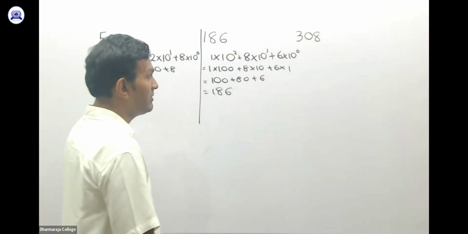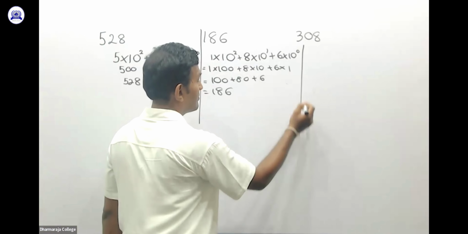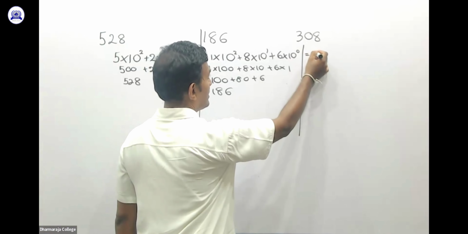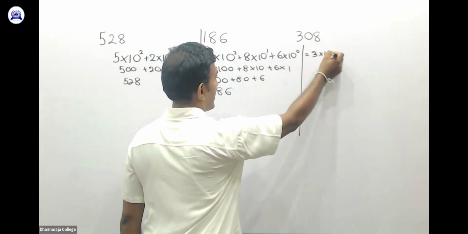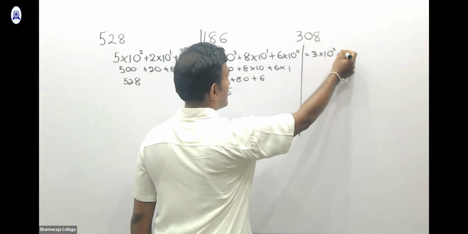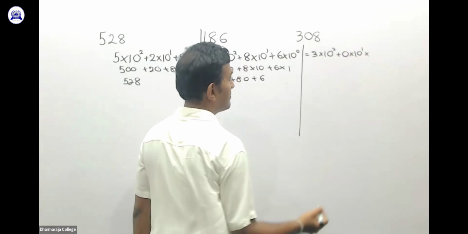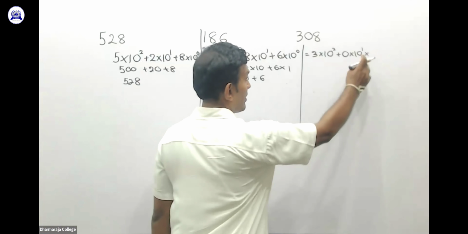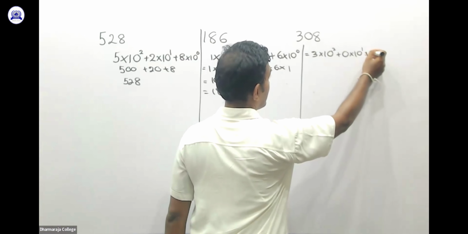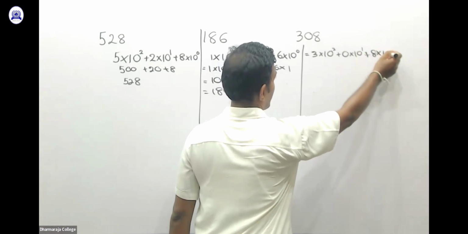The last one, take it here: 3 into 10 to the power 2 plus 0 into 10 to the power 1 plus 8 into 10 to the power 0.